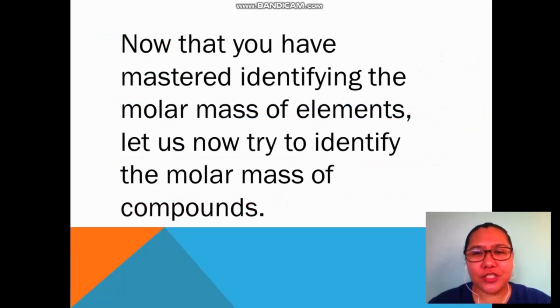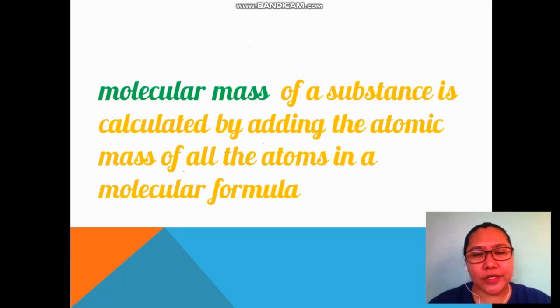Now that you have mastered identifying the molar mass of the elements, let us now try to identify the molar mass of a compound. Again, if we go back to our definition, the molecular mass, also referred to as the molar mass of a compound, is calculated by adding the atomic mass of all the atoms in a molecular formula. So in this portion, we are going to add all the atomic masses of all the atoms present in that particular compound.